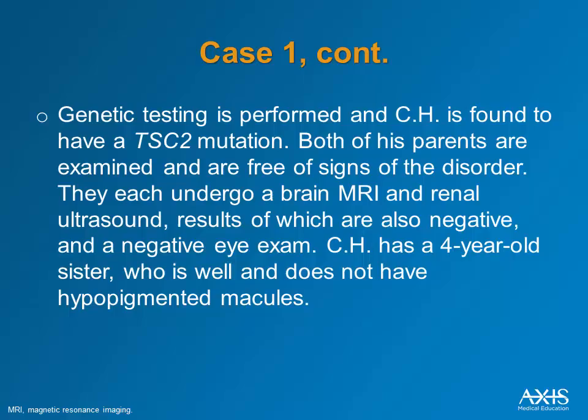This child has a 4-year-old sibling who is well and has no hypopigmented macules. In this sibling, genetic testing could be performed if there's any concern about her being affected, because if she has inherited the mutation, it would certainly be the same mutation that her brother has.